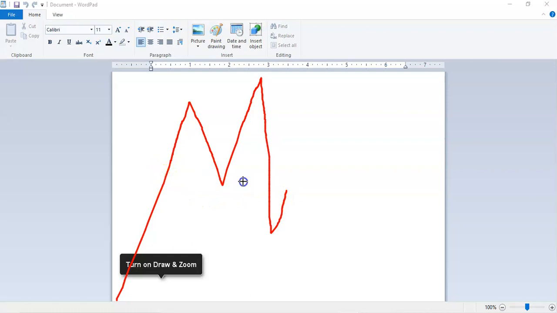We have our neckline drawn, which is a zone, and you place a sell. You place a sell here, and then the market goes down.